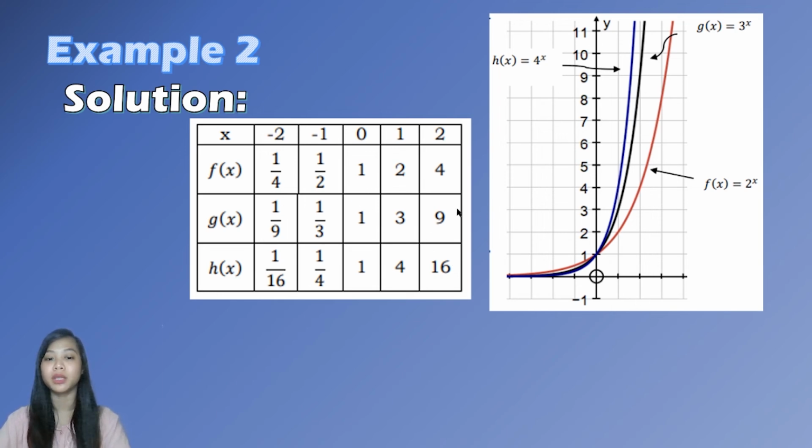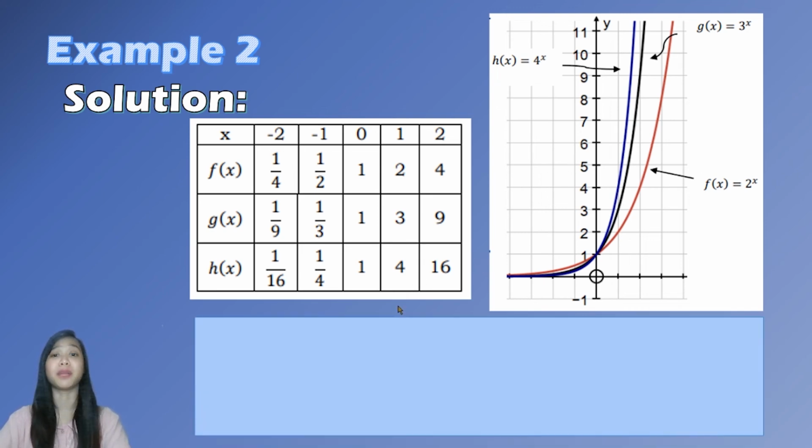When we plot positive 2 for x, we'll have positive 9 for our y. So for the h of x, we have this blue curve of the graph. We have positive 1, 2, positive 4, and positive 2 with positive 16. It's just continuous up to positive infinity, since our domain is up to positive infinity.